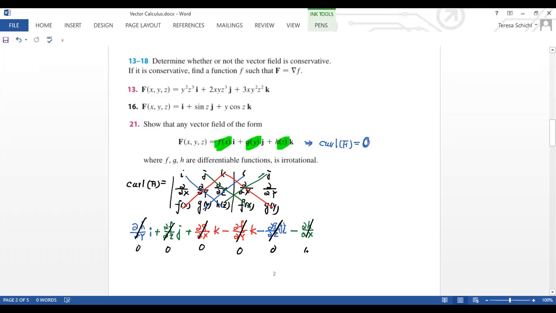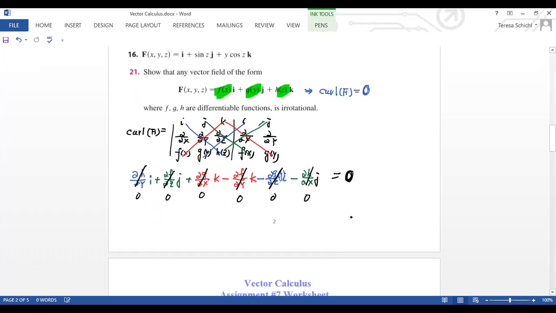So this is all zeros, right? What is your final answer here? The final answer will be a zero vector. If it's a zero vector, that means F is irrotational. That means it's not turning in a circle, right?